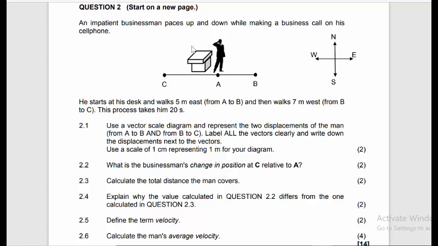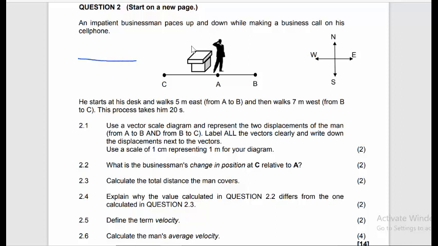Use a vector scale diagram to represent the two displacements of the man. So I'm using a vector. Remember, there should be an arrow when you are drawing a vector.